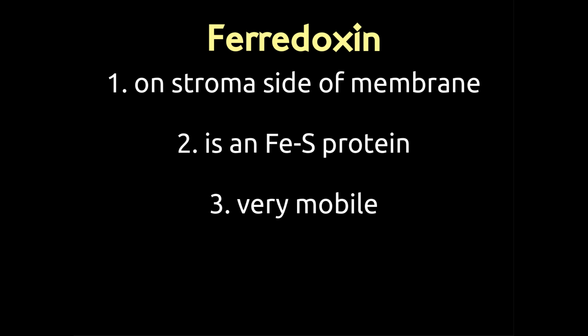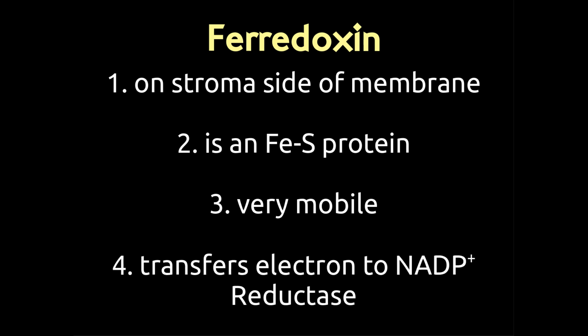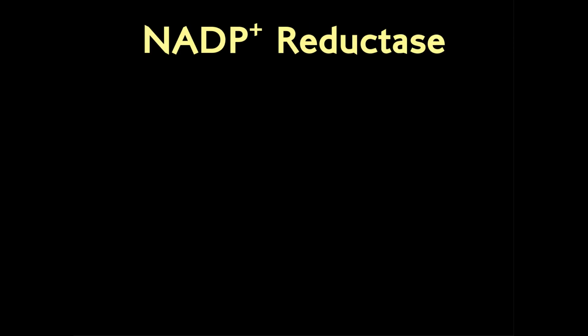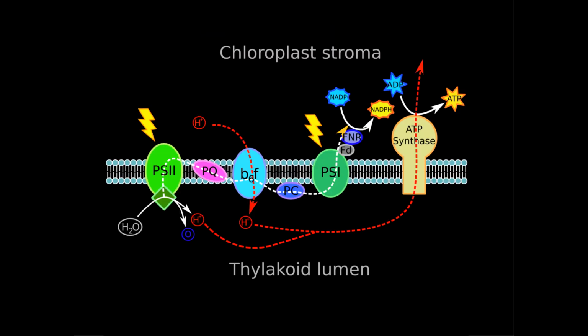Like some other elements we've seen before, it is very mobile because it's a peripheral protein, not embedded in the membrane, and it transfers an electron from photosystem 1 to the NADP plus reductase. So let's talk about NADP plus reductase. That is sitting here, and it is also sometimes called the ferredoxin NADP plus reductase, hence the acronym FNR.